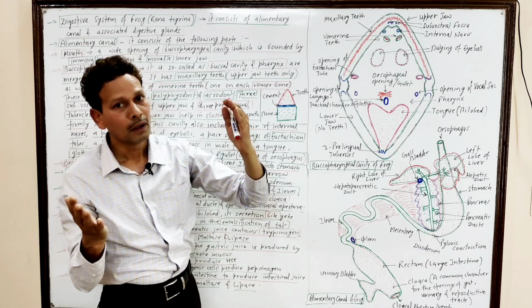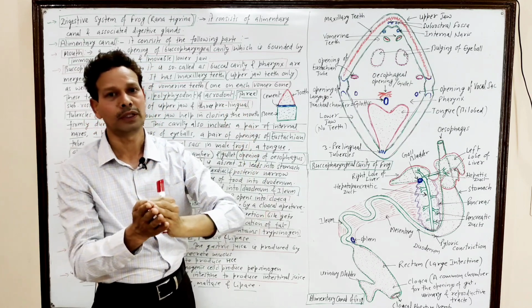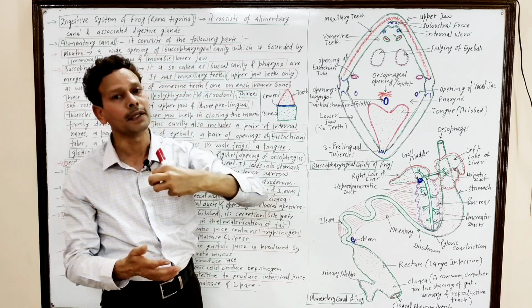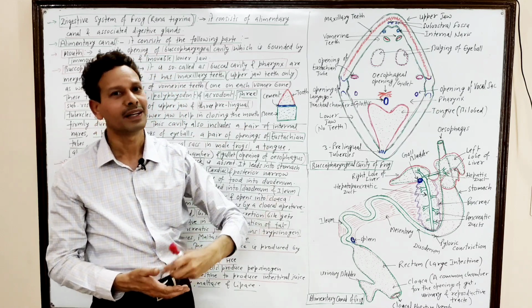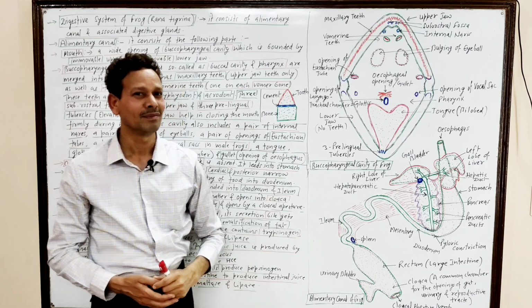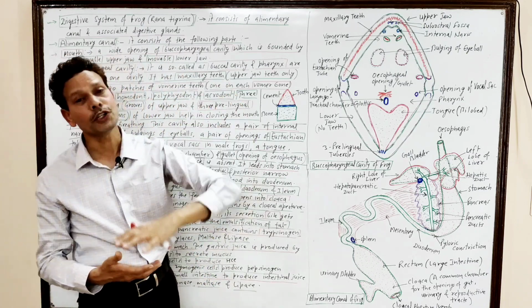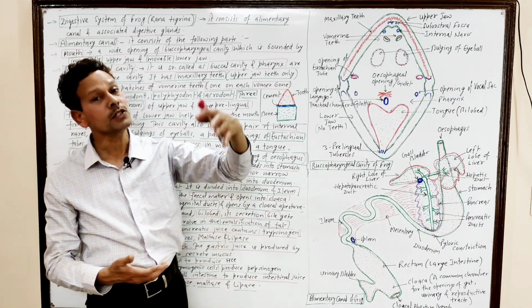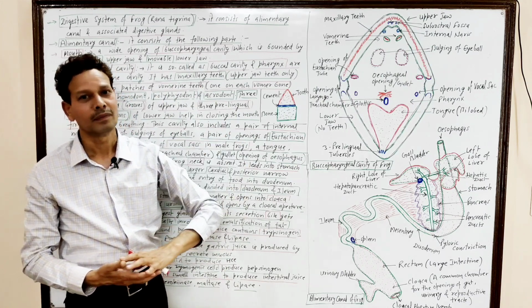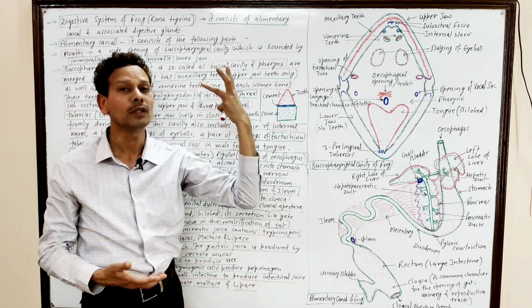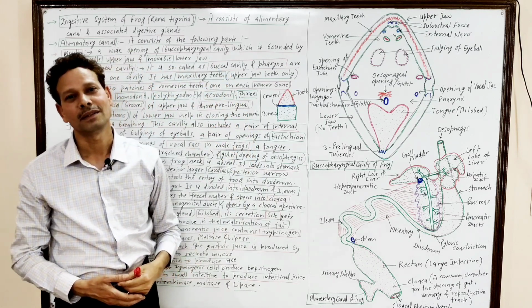At the time of breathing, the mouth is firmly closed. Dear students, note down, in frog, breathing is positive pressure; inspiration is always positive. But in human beings, at the time of breathing, our mouth remains open.